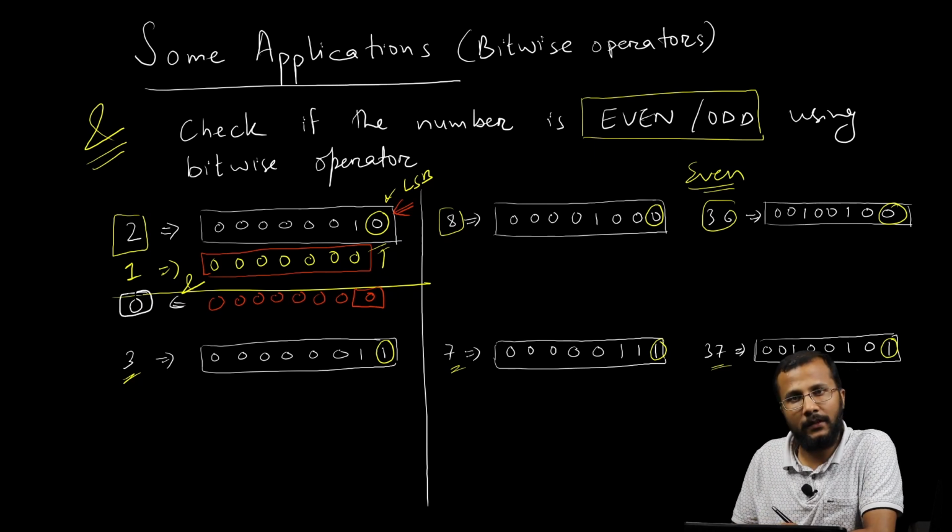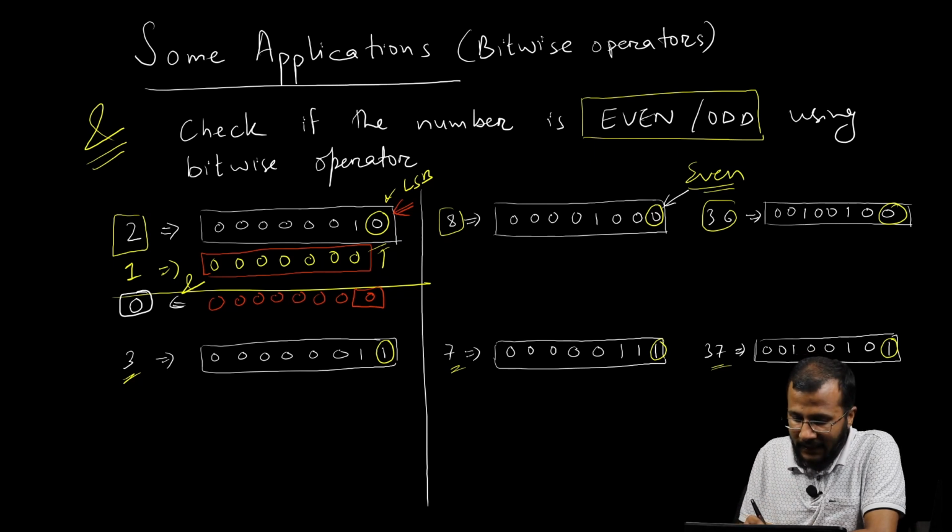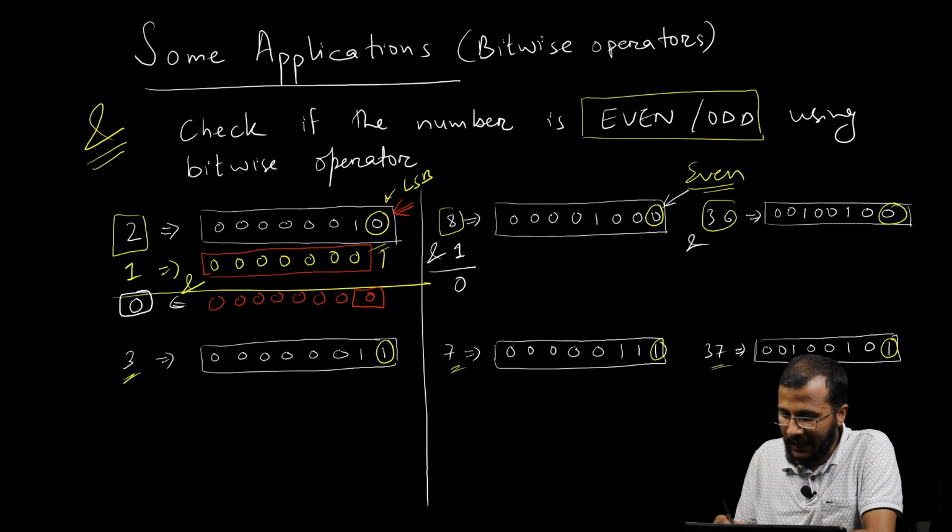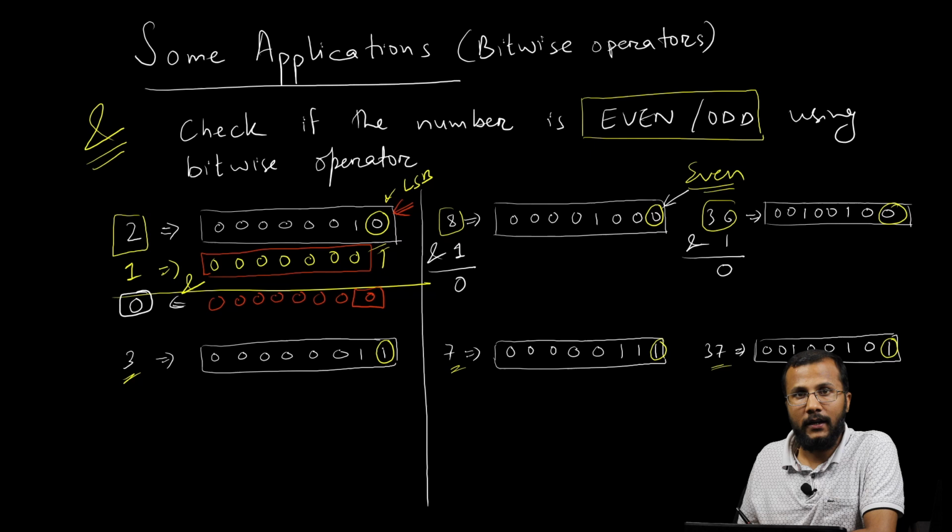If it is an even number, the last bit in an even number is always 0, therefore my entire number would itself be 0. So if I do 8 AND 1, the output is 0. If I do 36 AND 1, the output is 0. So if I perform the bitwise AND with any even number, my output is decimal 0.